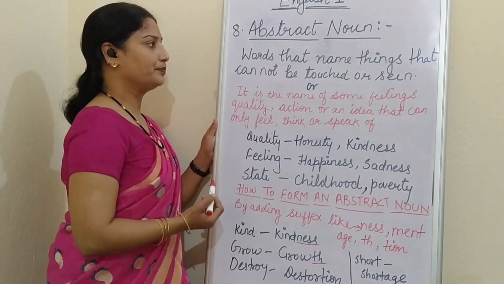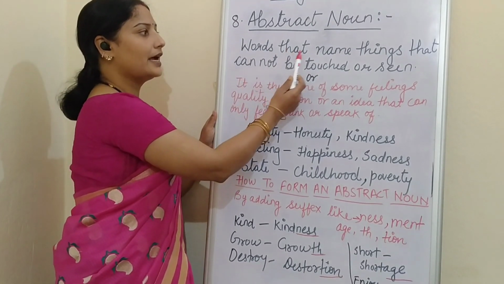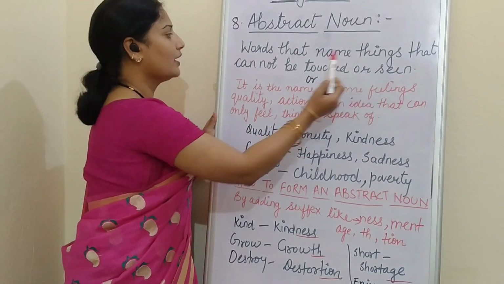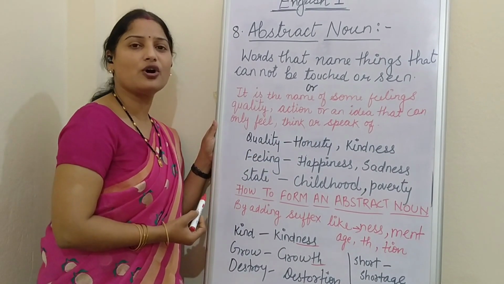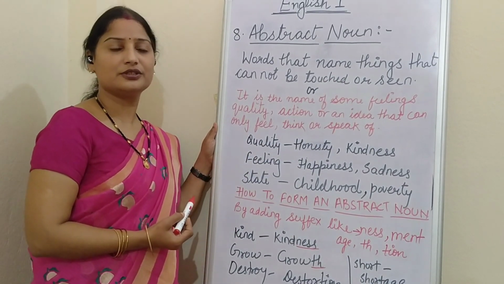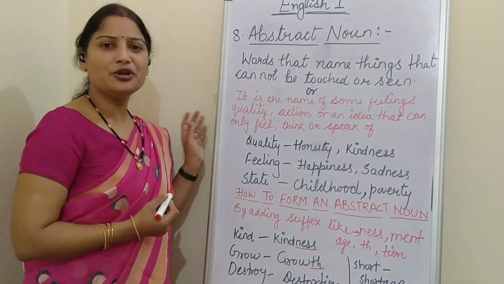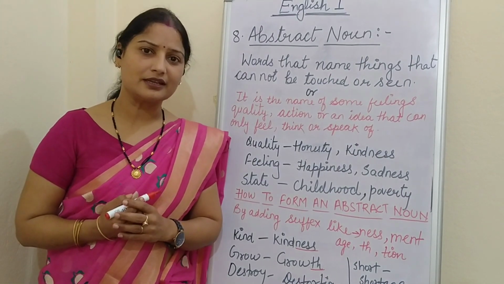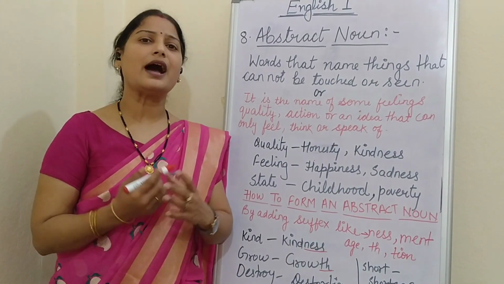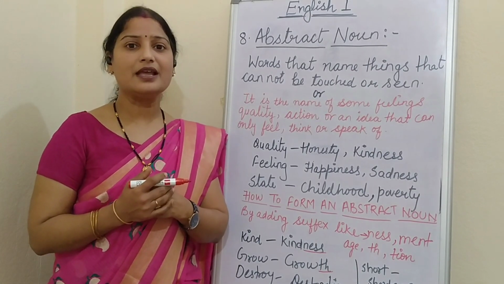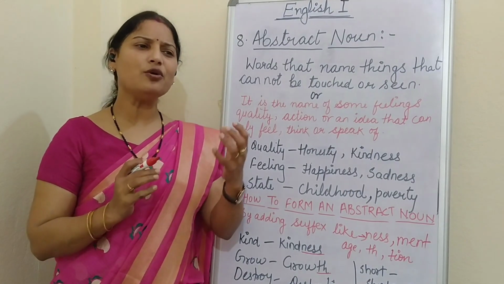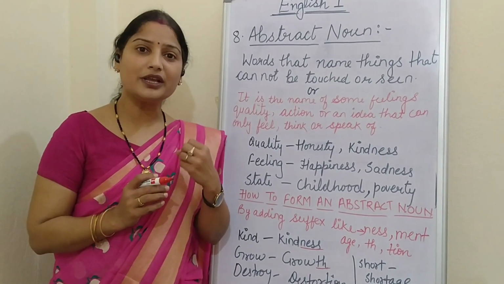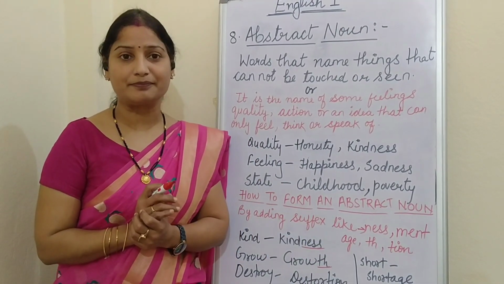Abstract noun. Words that name things that cannot be touched or seen are called abstract nouns. Children, the meaning of abstract noun is that it is only our feeling. It is something that we cannot touch. We can only feel or speak about it.